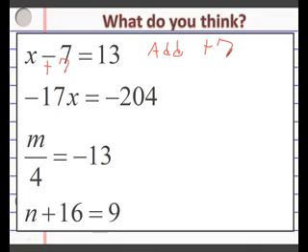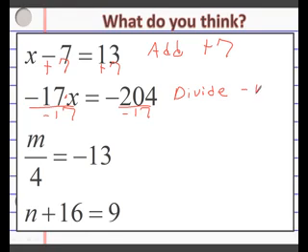Alright, the second one is negative 17x equals negative 204. So instead of multiplying by 17, I need to divide by negative 17 on both sides. I'm going to write it like that so you remember that. So we're dividing by negative 17 on that second problem.